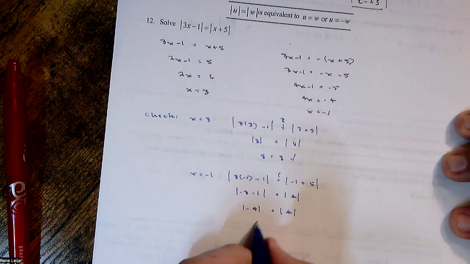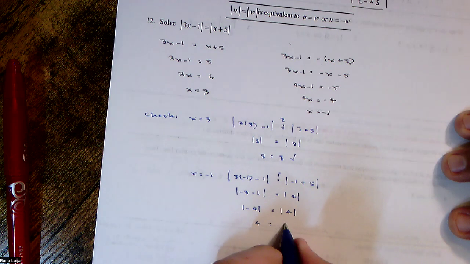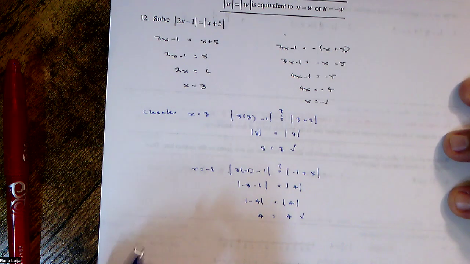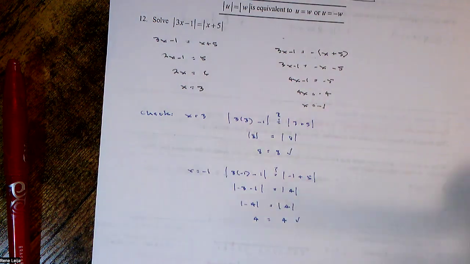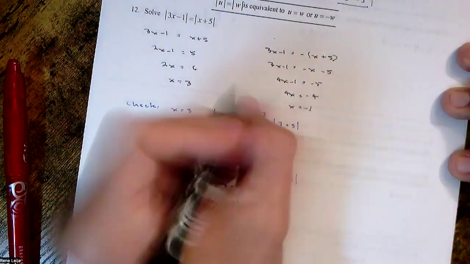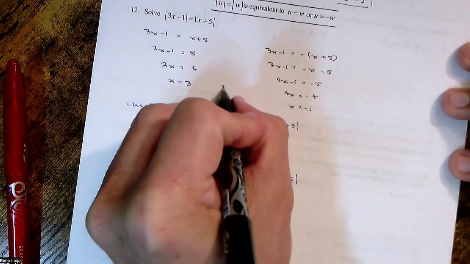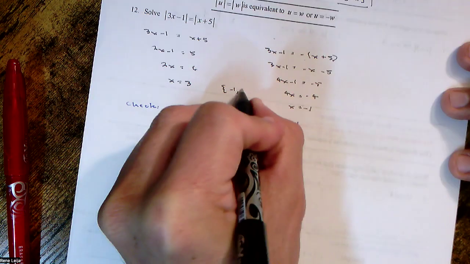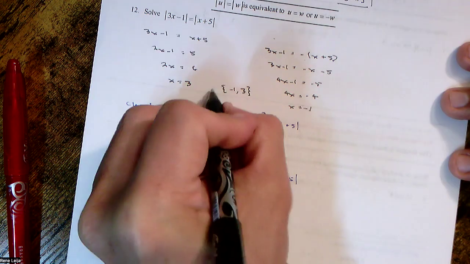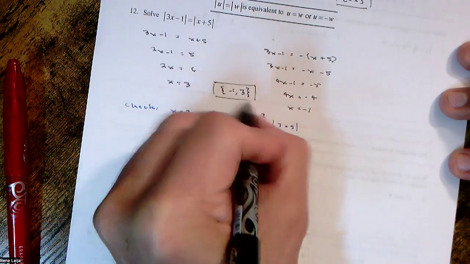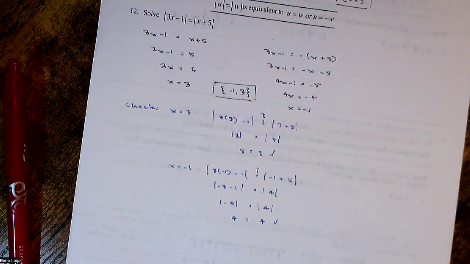Well, the absolute value of -4 is just 4, and the absolute value of +4 is 4. Check. They both work. Okay, so our solution is going to be -1 and 3. Okay, and that's how that works.